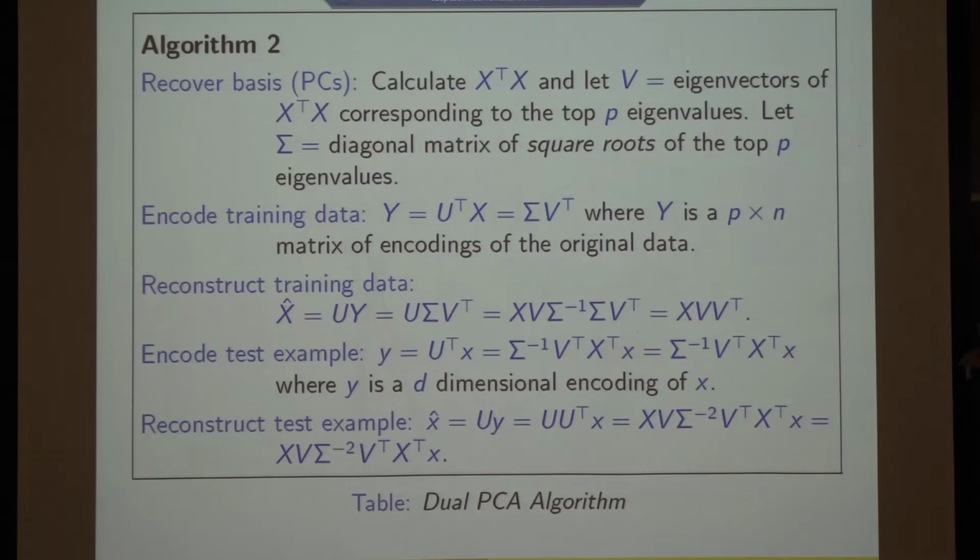But this is going to suggest a way of making this algorithm nonlinear as well. Do you see how? Based on what we learned in support vector machine, the way that we kernelized support vector machine and made the decision boundary nonlinear, can you see how we can make this nonlinear?